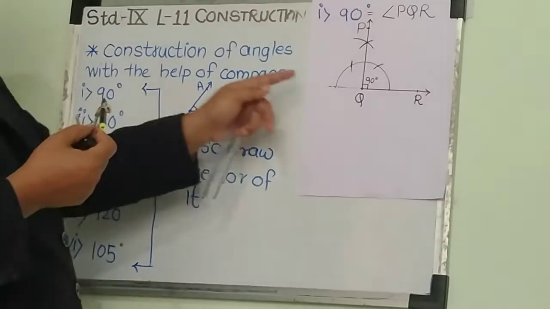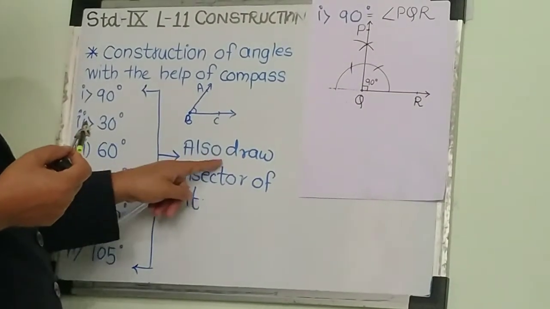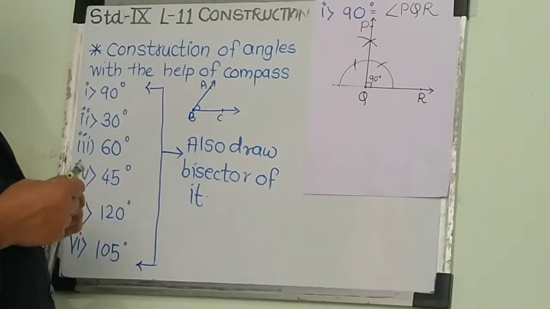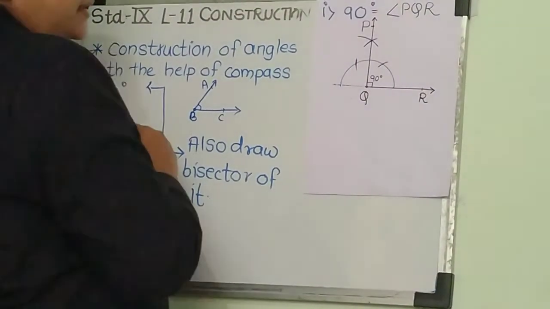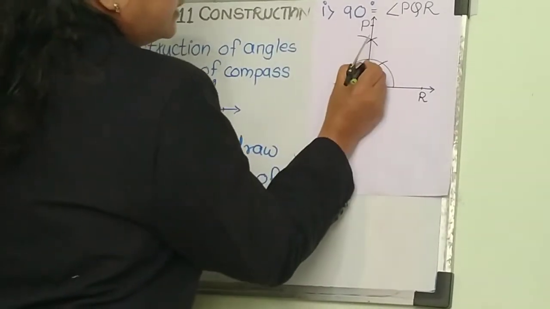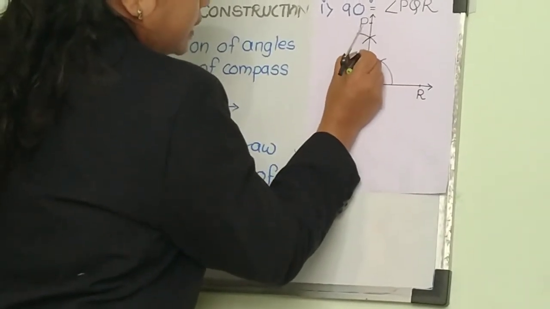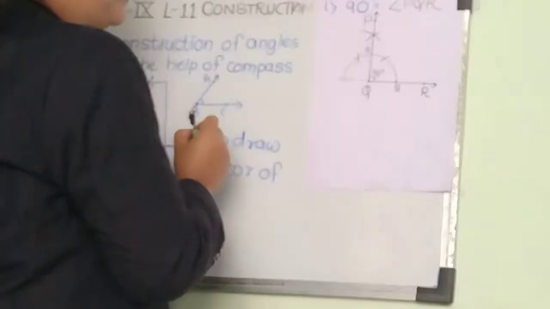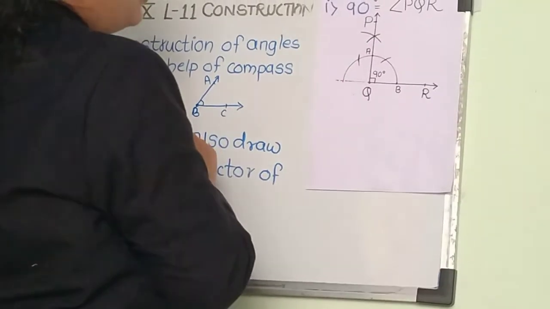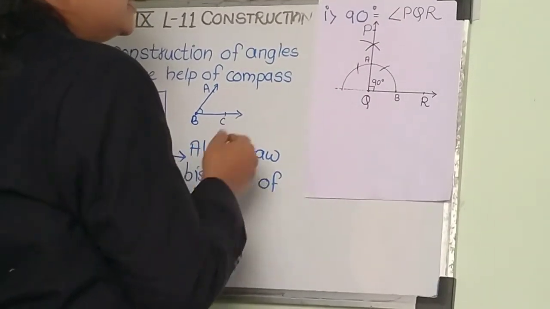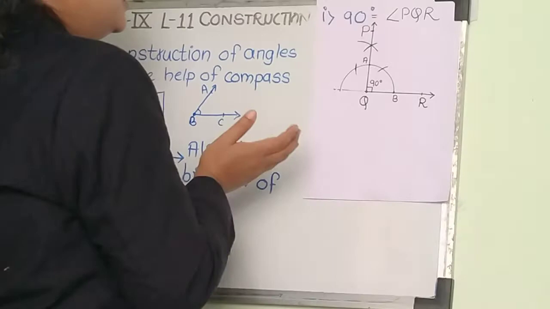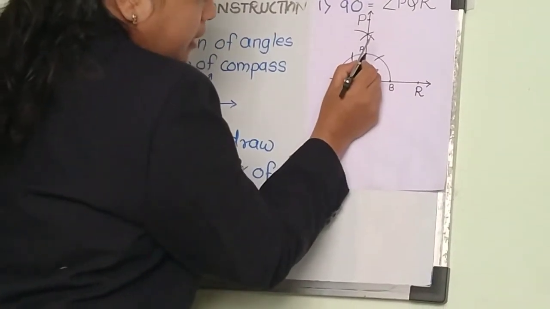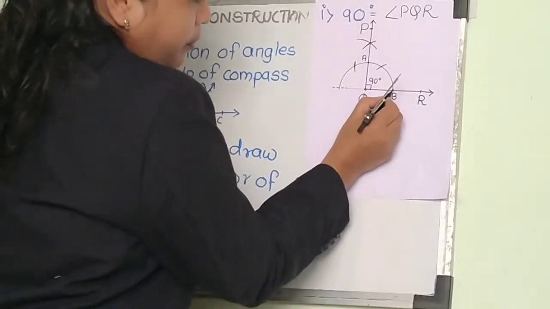Once we get the given angle, what we have to draw? We have to draw the bisector of it. So for the bisector, we can see that this point, suppose it is point A and you observe here point B. Okay. Now for the bisector, bisector means the angle is divided into two equal angles. So here you see that angle A point and B point.